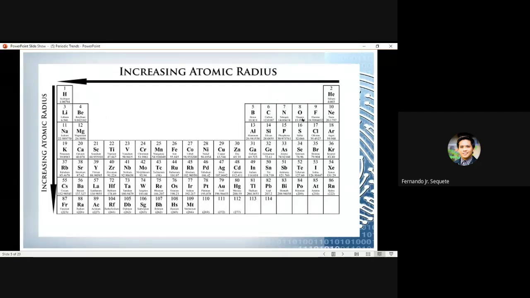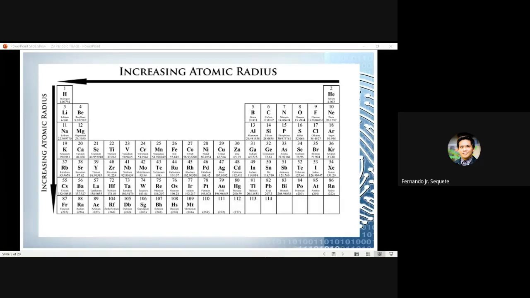Meaning to say, group is top to bottom or bottom to top. Ang ibig sabihin naman ng period, that is left to right or right to left. So the position of a group is vertical, so that is your top to bottom or bottom to top.